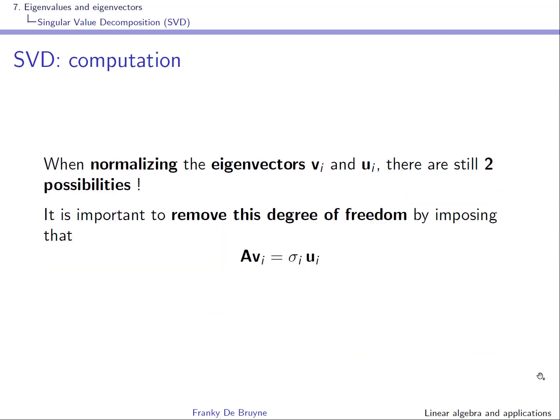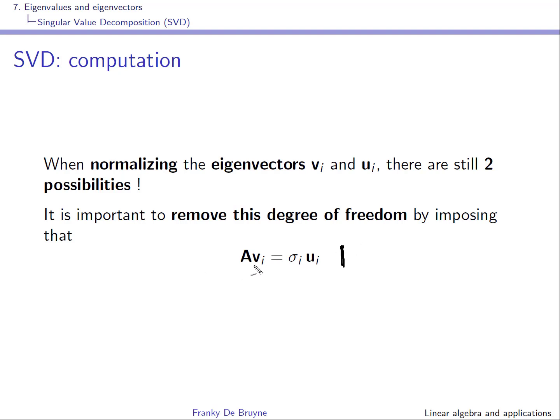Remember that when you normalize vectors in general, you have two possibilities, because if u, for instance, is a unit vector, minus u is also a unit vector. So it's important to remove this degree of freedom, and we remember the equations that we have written at the beginning of this subsection.